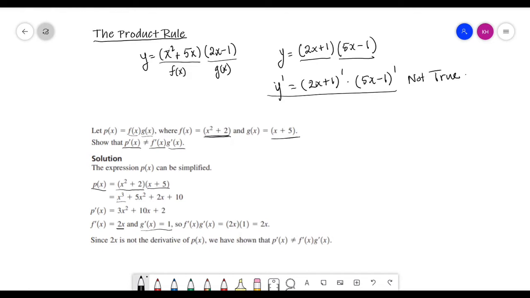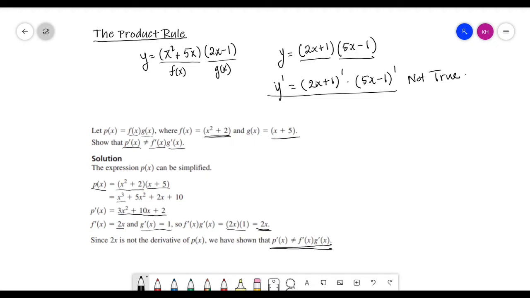So if we multiply them, we get 2x times 1, which is 2x. So we can see that the derivative of p and the product of the derivatives of f and g are not the same. So hence we can prove that this is true.